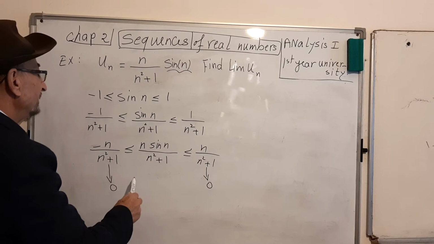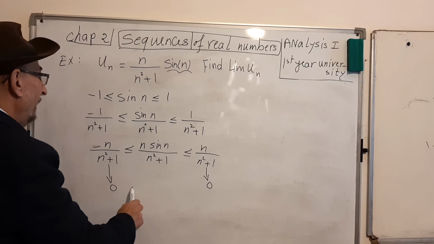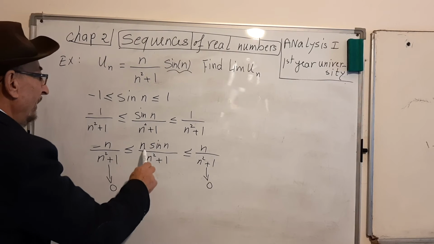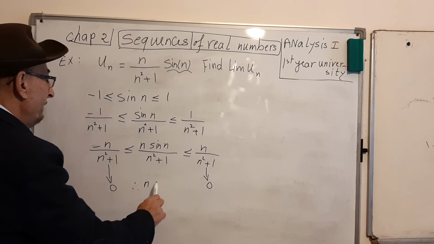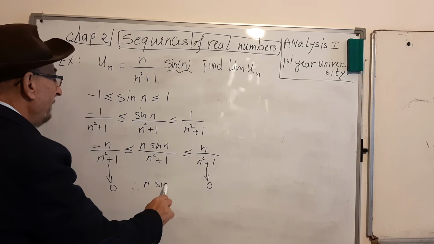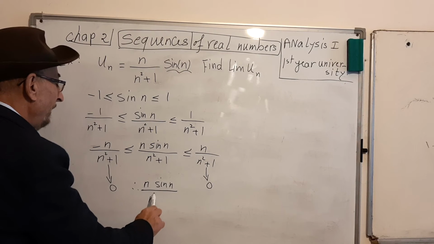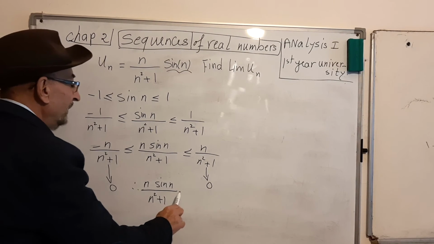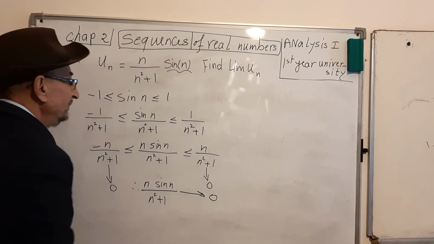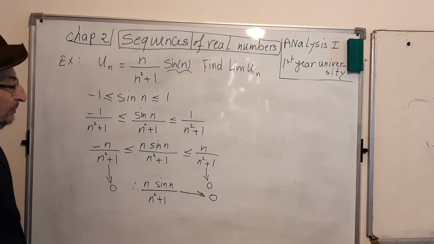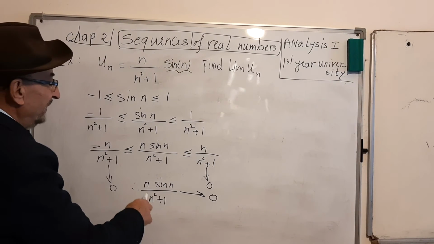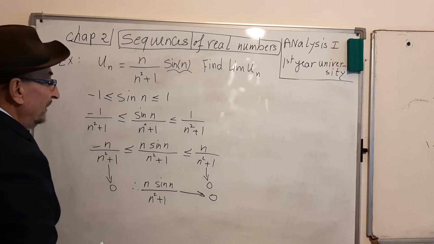Therefore n sine n over n squared plus 1 tends also to 0 as n tends to plus infinity.